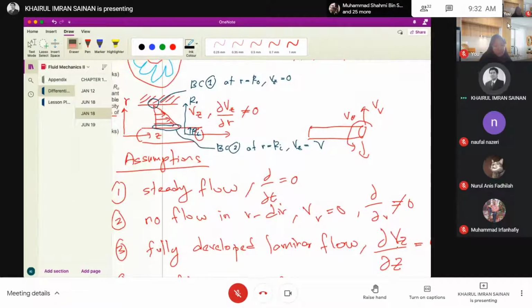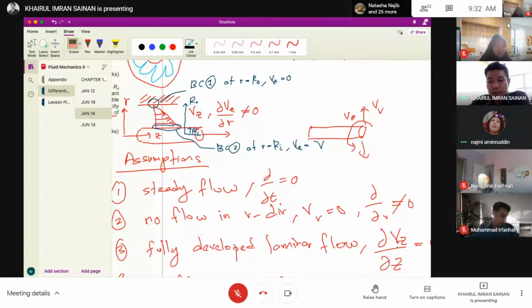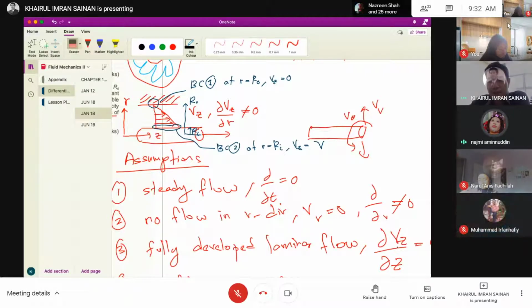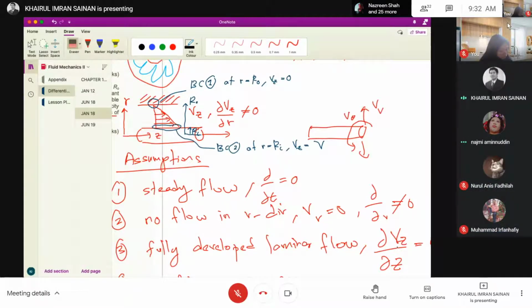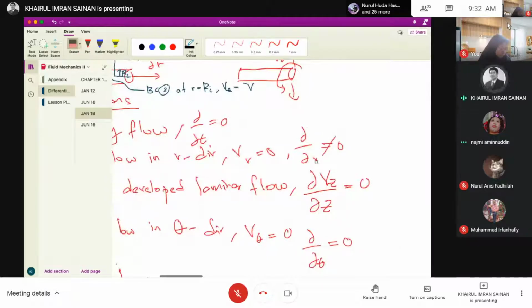Okay, number 4. No flow in theta direction, meaning v theta equals 0.